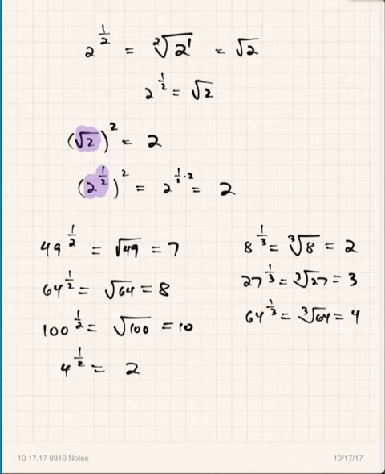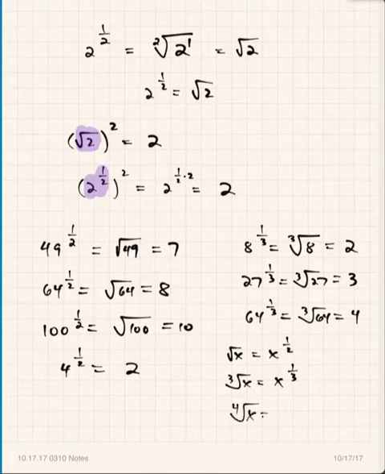So then probably a good way to summarize that would be like this: the square root of x is the same thing as x to the 1/2 power. The cube root of x is the same thing as x to the 1/3 power. The 4th root of x is the same thing as x to the 1/4 power, and so on.